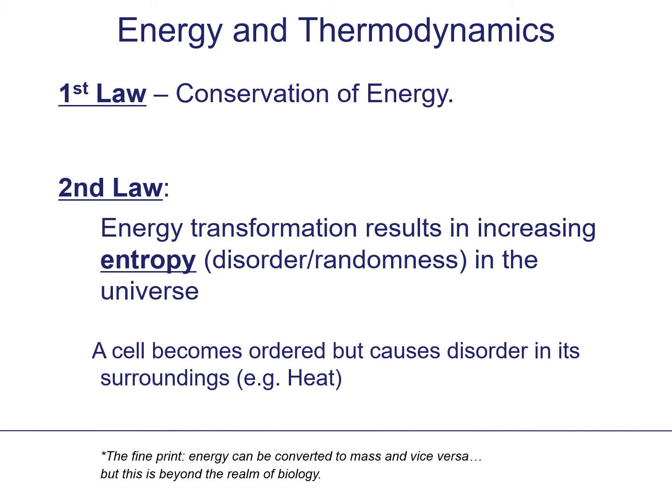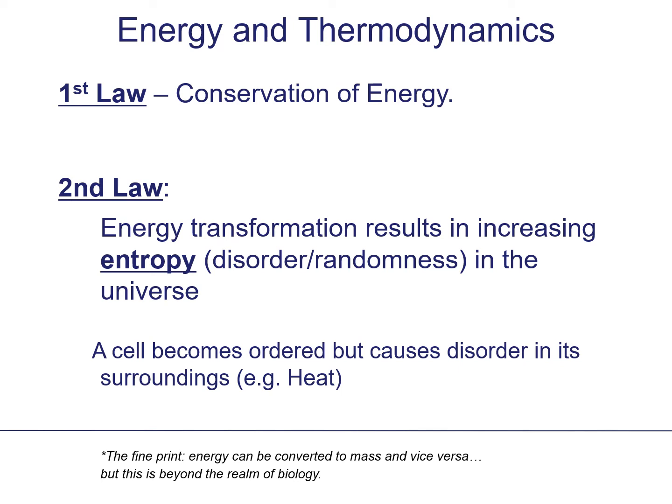So for instance, when you eat your lunch, you're taking in some very large complex molecules, proteins and lipids and a little bit of DNA and RNA and so on from your salad and your sandwich and whatever you ate. And you're breaking that down into lots of very small molecules like carbon dioxide and water. And also, a lot of that energy is being dissipated as random motions of molecules, which is heat. So you're increasing the randomness.